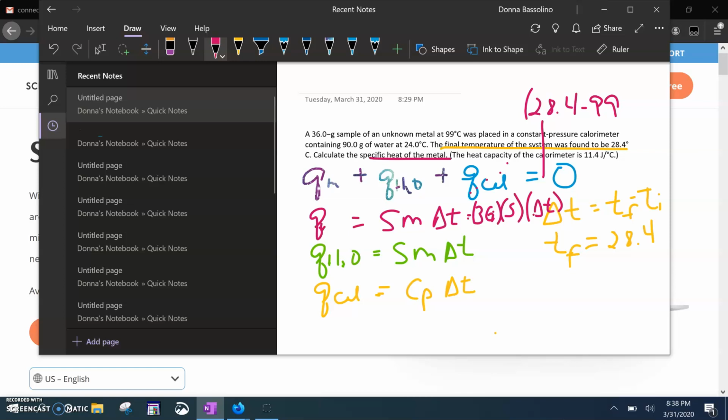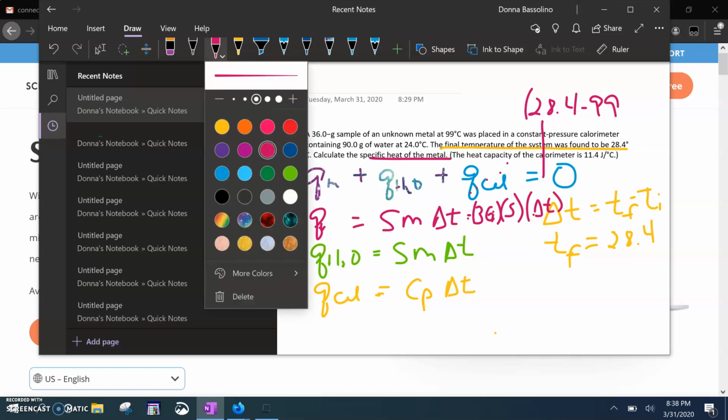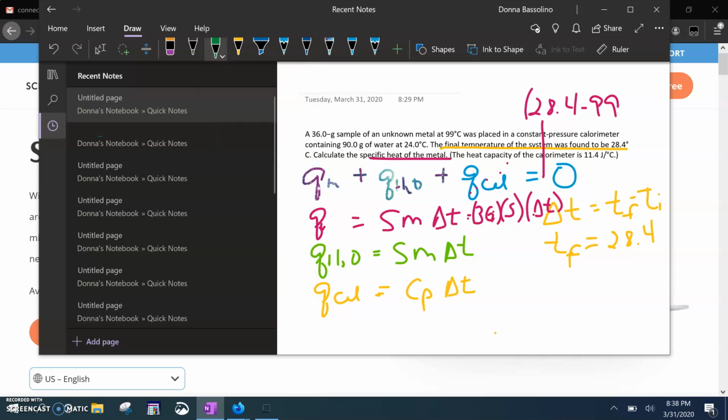Okay. Now we're going to go back to the next one. And this is the Q for the water, which is equal to S, which for water is 4.184 joules per degree Celsius. You notice they didn't give you this, but the heat capacity of water is a number that you're going to have to know.